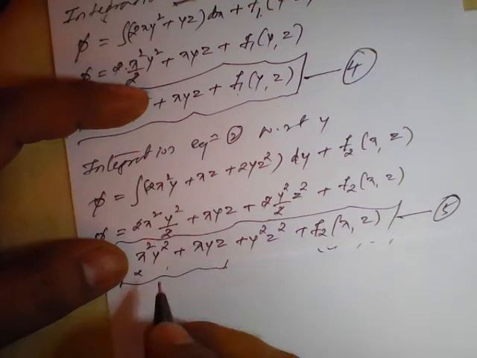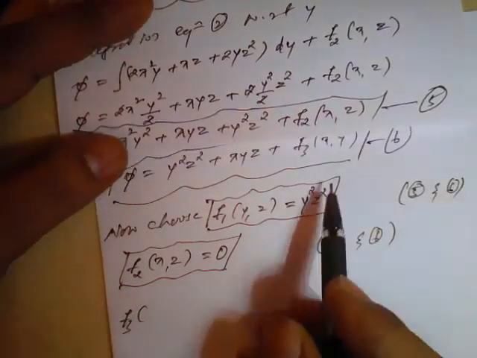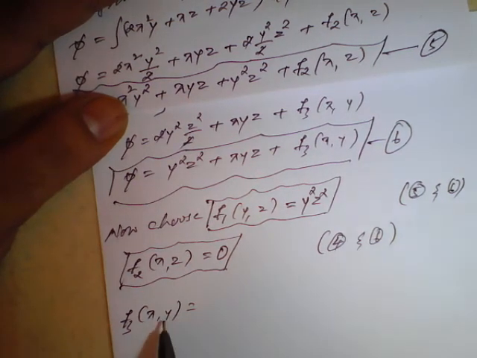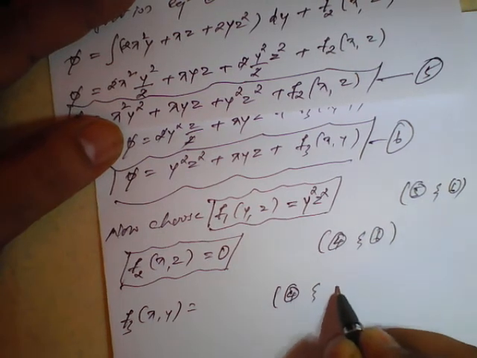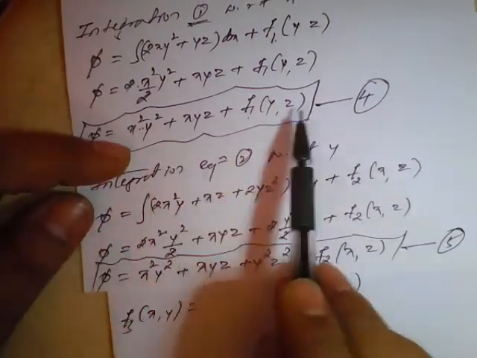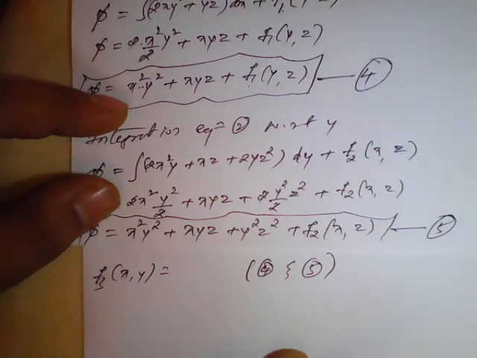Similarly, to choose f3 of xy from equations 4 and 5, it should be free from z.